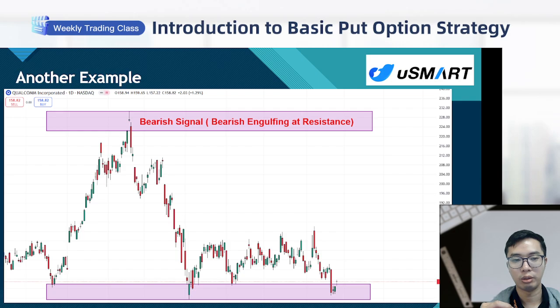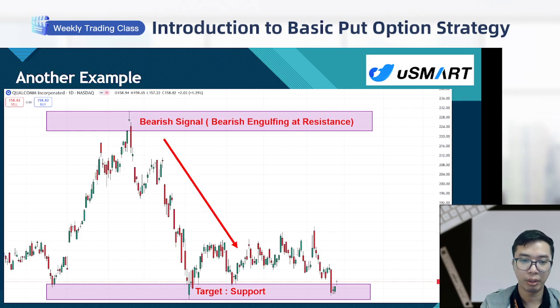Then you see a sharp rejection, a bearish engulfing at the resistance, and then the price went down. So the target will be the support. Usually the price will move between resistance and support. The price constantly moves between resistance and support in hourly, in minutes, in 15 minutes, in weekly, in daily time frame. It will keep repeating.